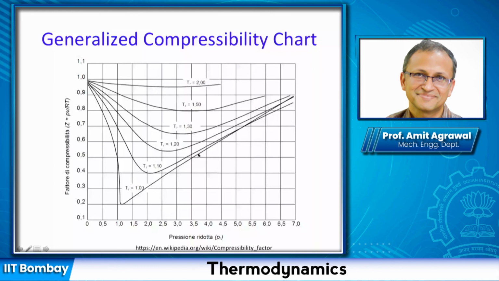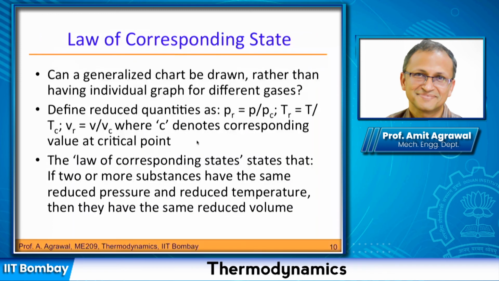But it is no longer the pressure and temperature as the parameters here, or the pressure on this horizontal axis. It is actually the reduced pressure and the reduced temperature. Now, what are these? If you take the actual value of pressure and divide it by another pressure, this is not just any arbitrary value.